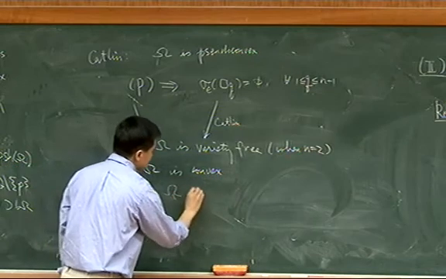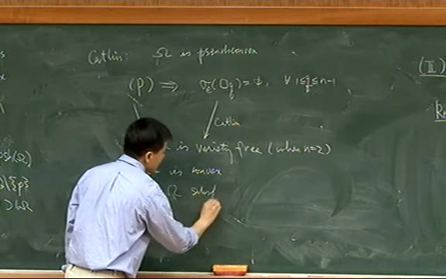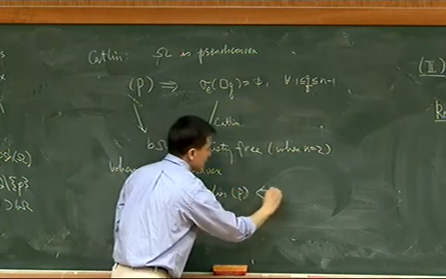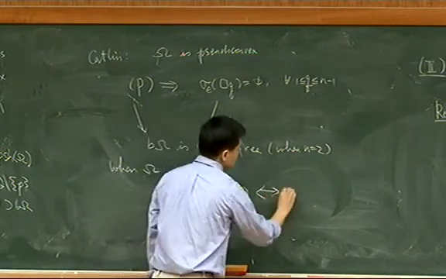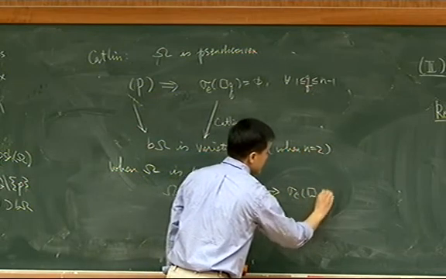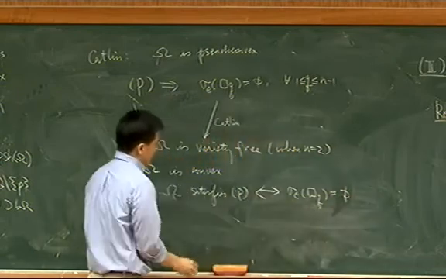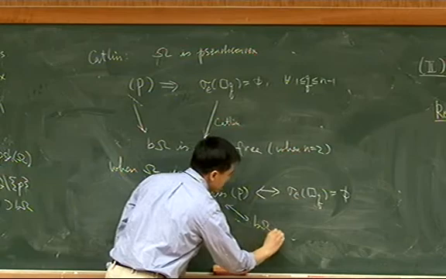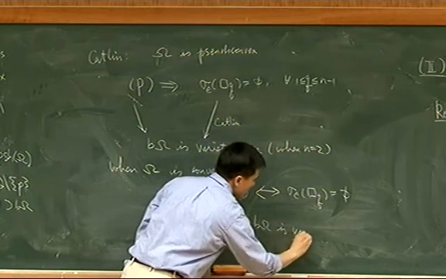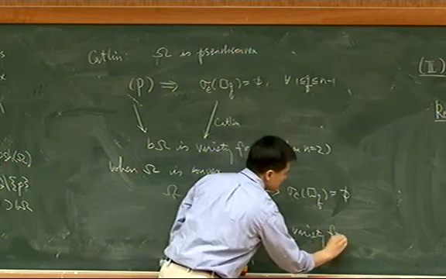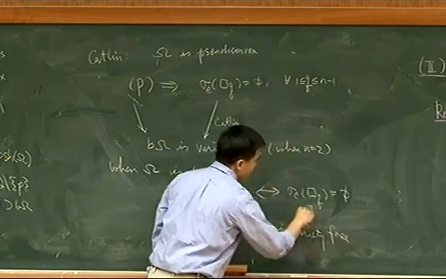Omega satisfies property P is equivalent to the essential spectrum being empty. And this is also equivalent to the boundary being variety free. And these are all equivalent.